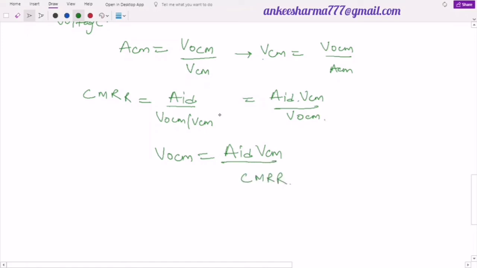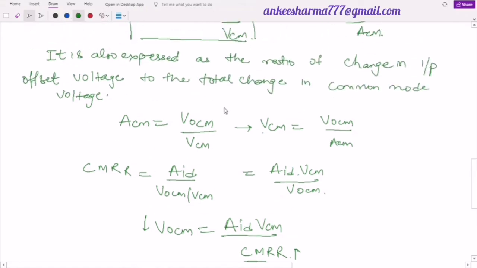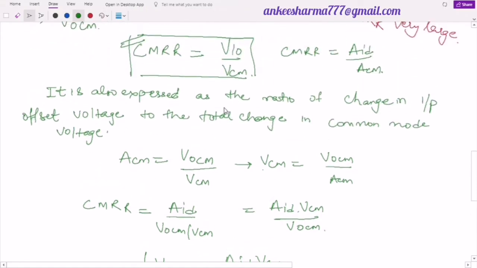So this formula also tells us that the higher the value of the CMRR, as it is the denominator, definitely your VOCM, or the output due to the common mode, will be small. You can also represent the second formula, VIO by VCM, in dB.